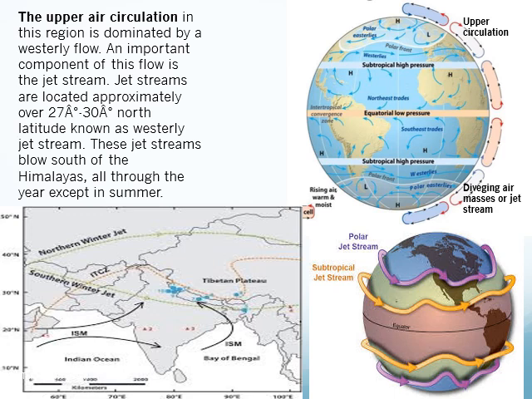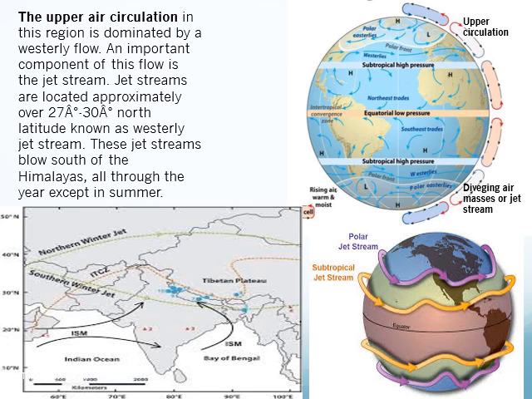Why are they called subtropical jet streams? The first question, because I said we are only going to discuss the subtropical jet stream. Why has the name subtropical jet stream been given to them? Because these jet streams fall on certain degrees of latitude. They are located over 27 degrees to 30 degrees in the Indian latitudes.